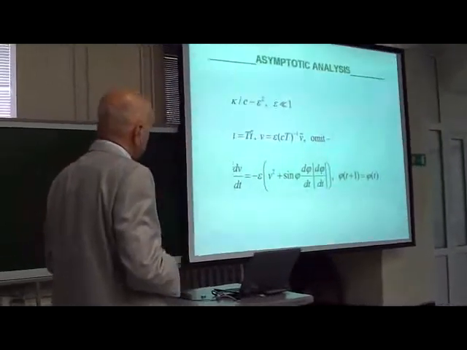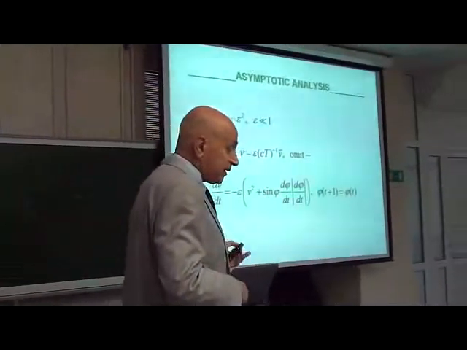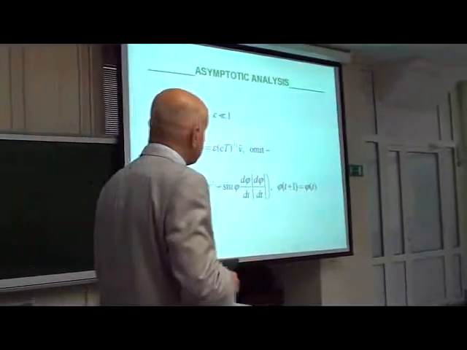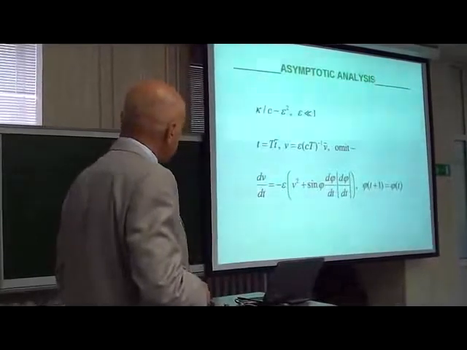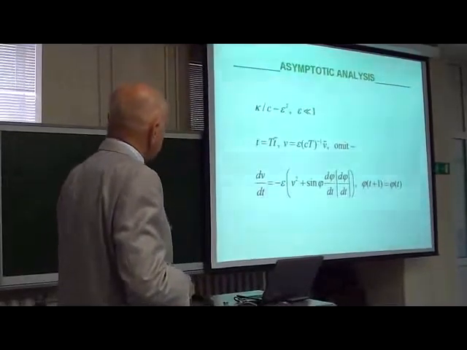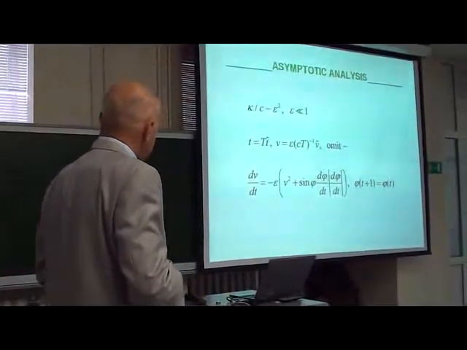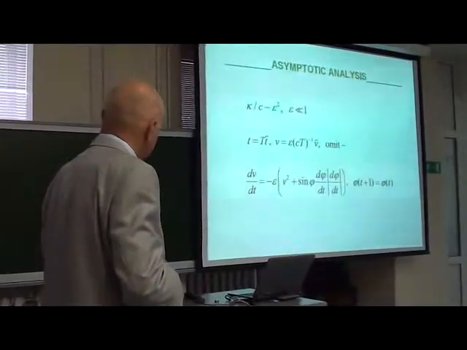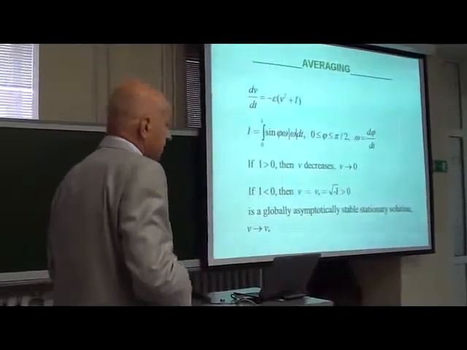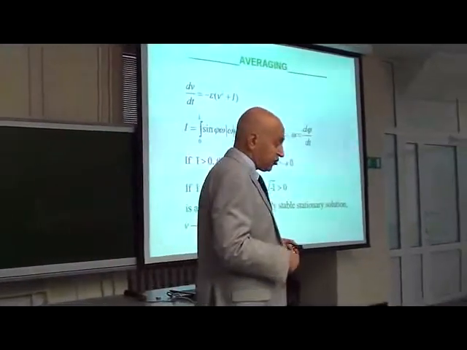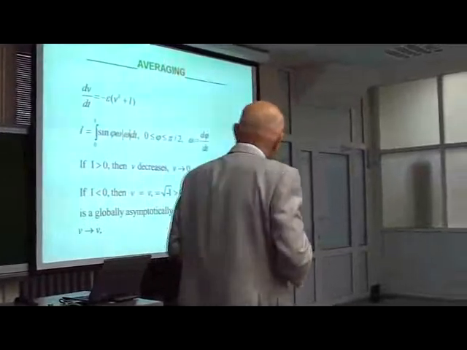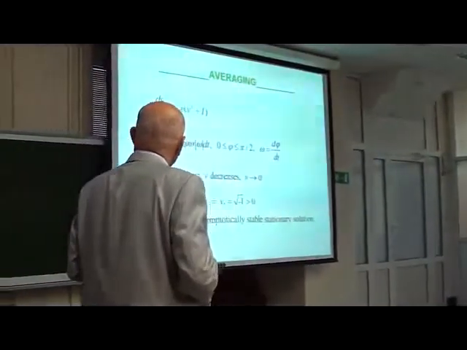We assume that the resistance of these links is much smaller than the resistance of the main body. So epsilon is a small parameter, and the equation is then simplified again. You see it here. And now we can use the averaging procedure, the asymptotic method of averaging by Bogolyubov and Krylov.